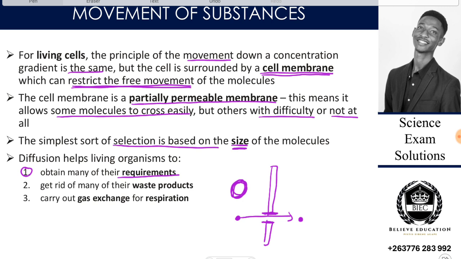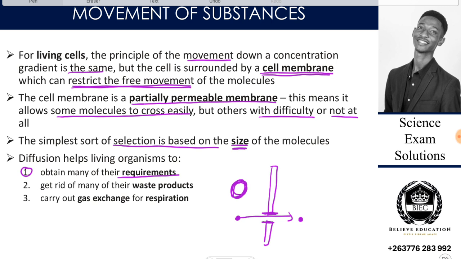For example, our plant needs minerals and water. For that water to enter the plant, it will use a process of what? Diffusion. Are we together? So the nature of that process is a diffusion process, and then it goes inside.